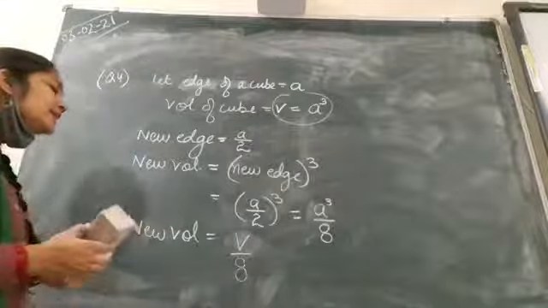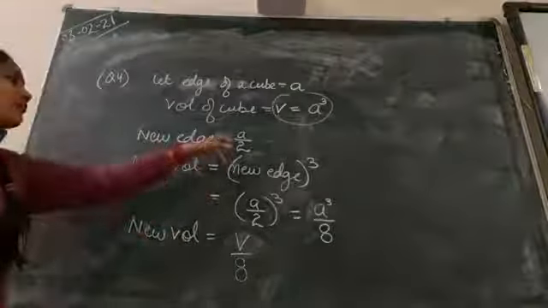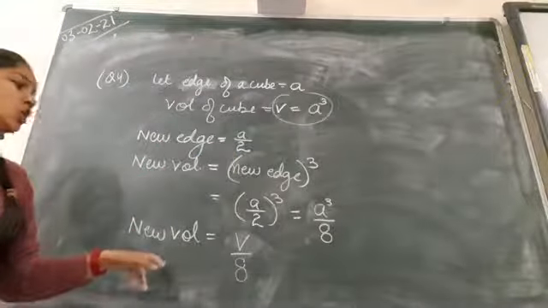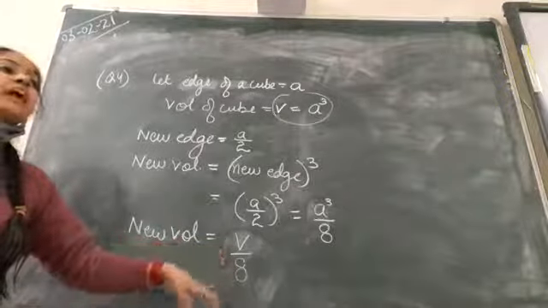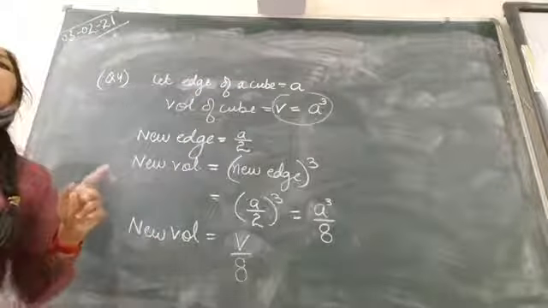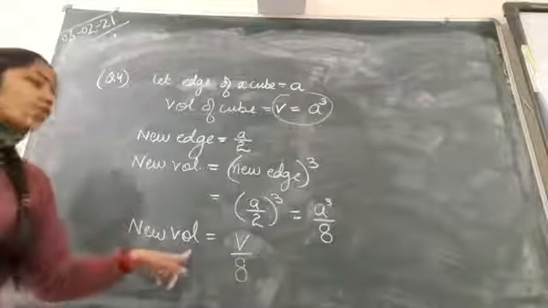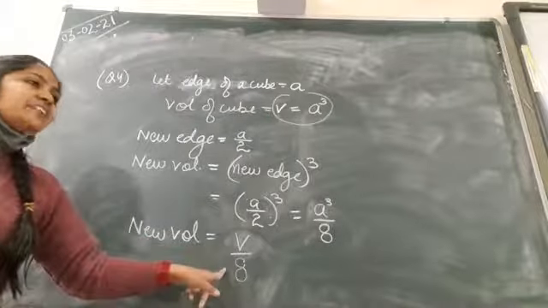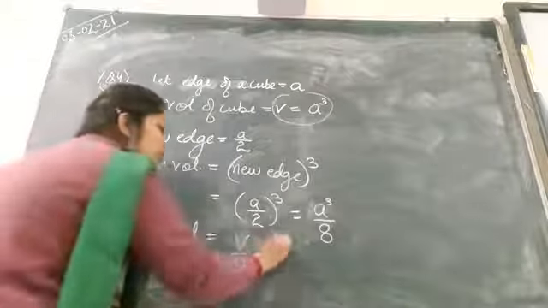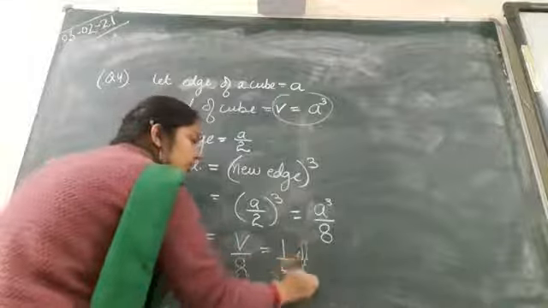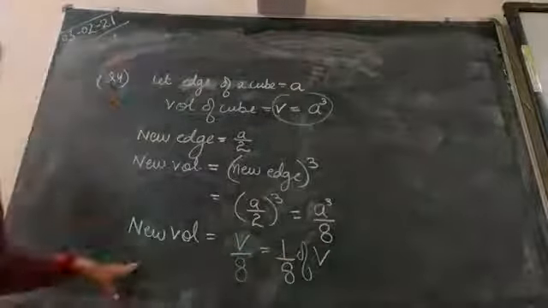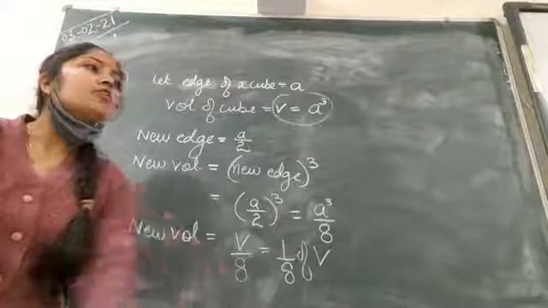So what happened to your volume when you halved your edge? Your volume is now 1 upon 8 times of original volume. Clear? Any doubt?